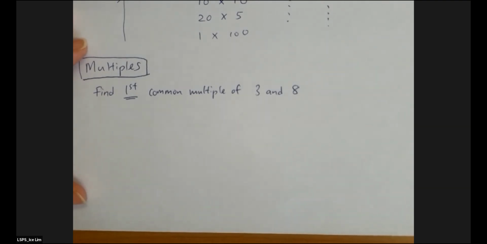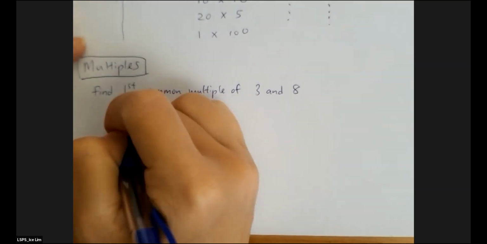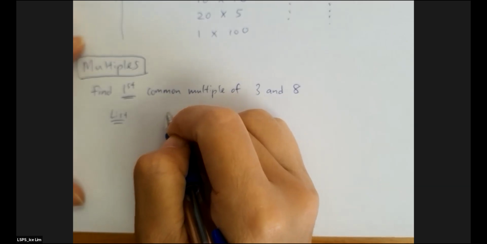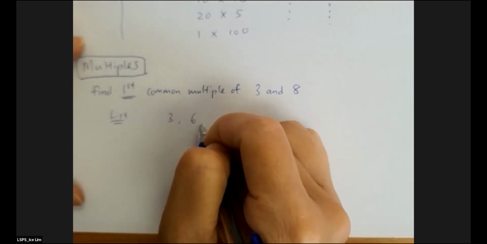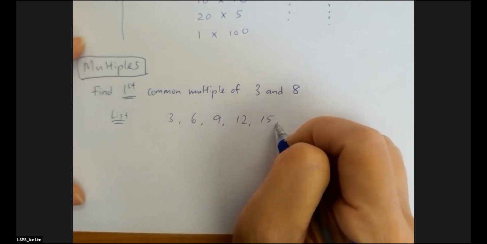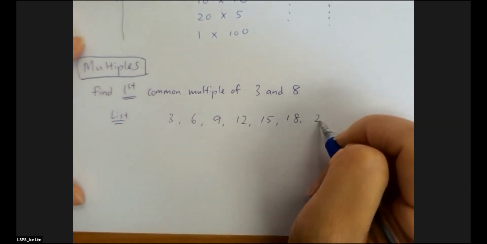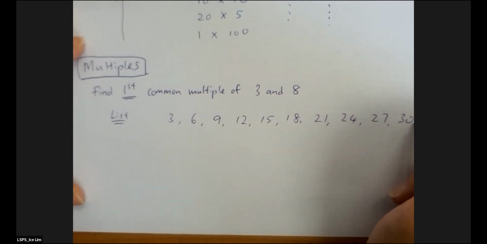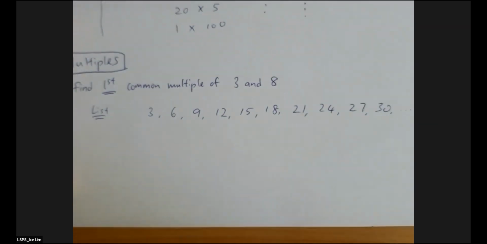By right, the steps will be I will list the multiples of 3. So you have 3, 6, 9, 12, 15, 18, 21, 24, 27, 30, and so on.